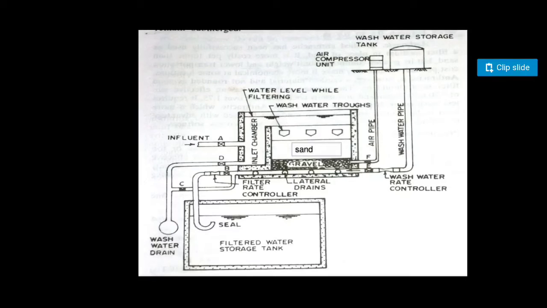So you understand that the influent will get into the chamber from valve A. When valve A is open, only then will the influent be allowed inside the chamber.